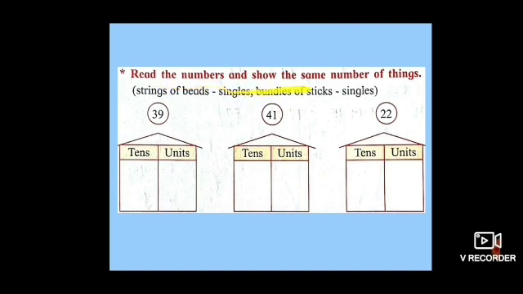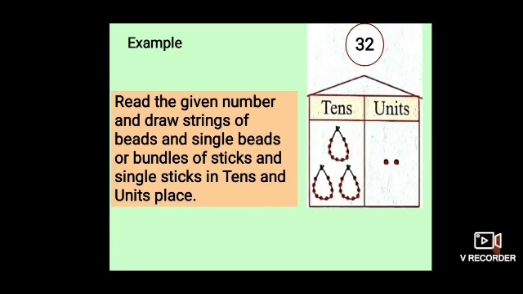Read the numbers and show the same number of things. Strings of beads, singles, bundle of sticks, singles. Example. Read the given number and draw strings of beads and single beads or bundle of sticks and single sticks in tens and units place. Now first you have to look at the number.